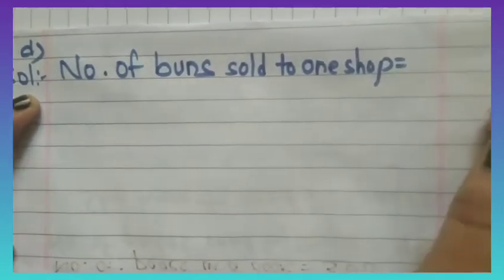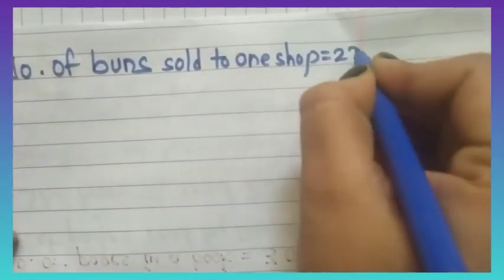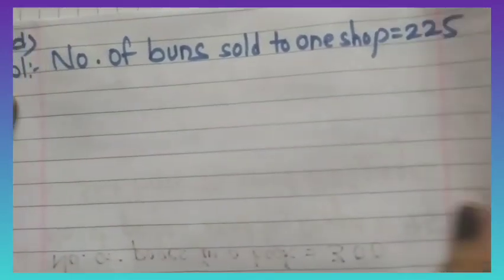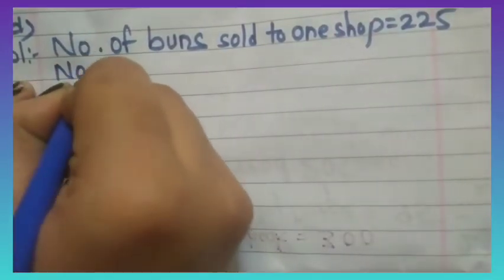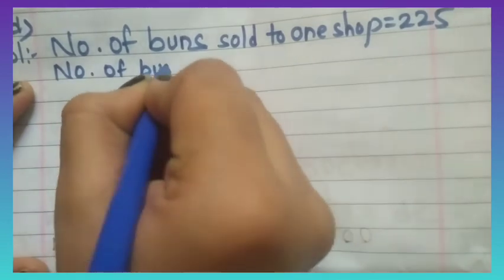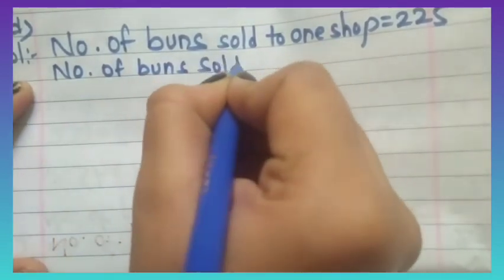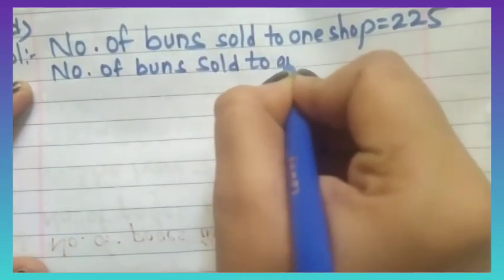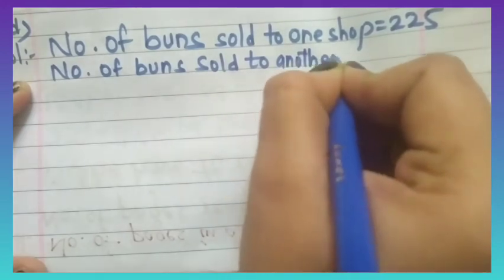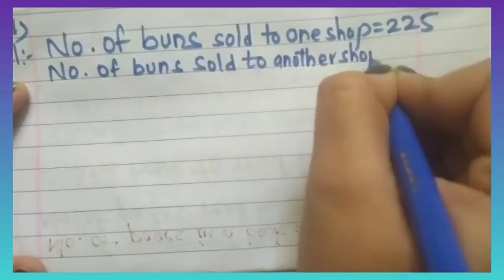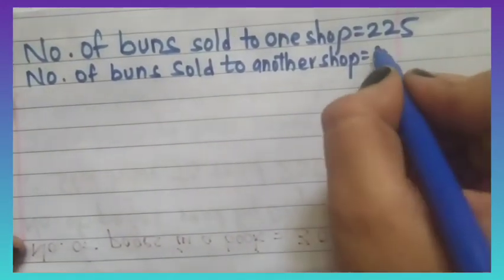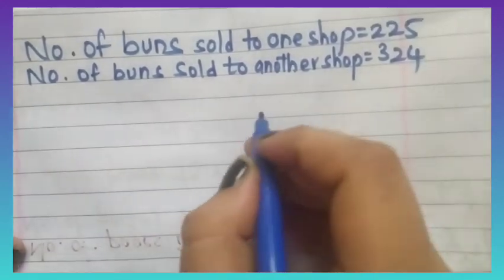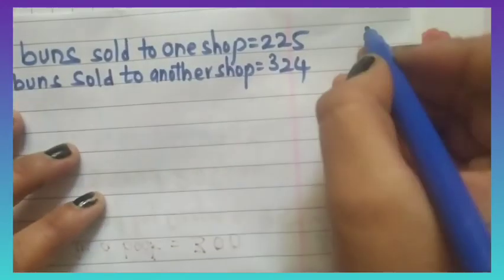How many he sold? Yes, 225. Okay. Number of buns sold to another shop. How many he sold to the other shop? 324. Now add these two.